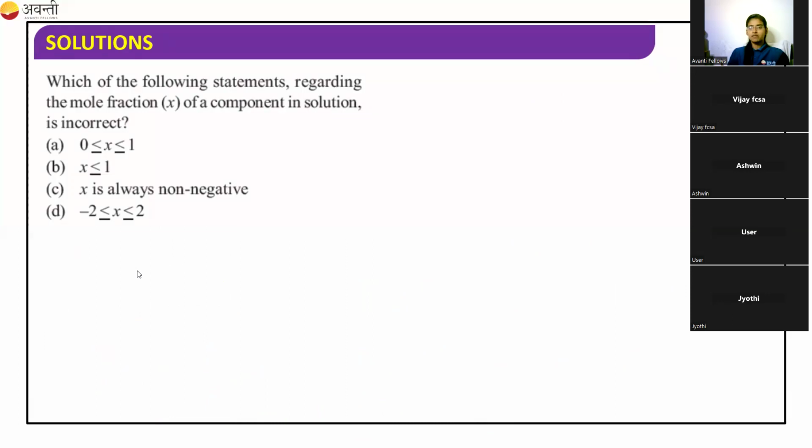Day before yesterday, we have discussed about the mole fraction, no? So what will be the correct answer? Very good, students. Option D is the correct answer. Why option D is the correct answer? Because the sum of the mole fractions will be equal to 1 only. So the mole fraction value can range from 0 to 1.